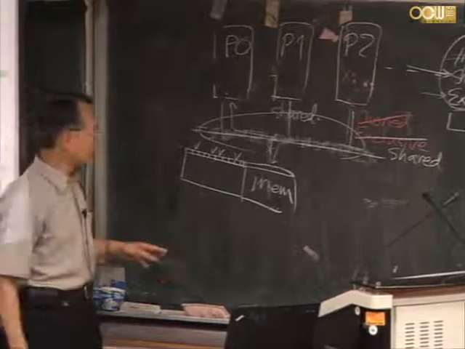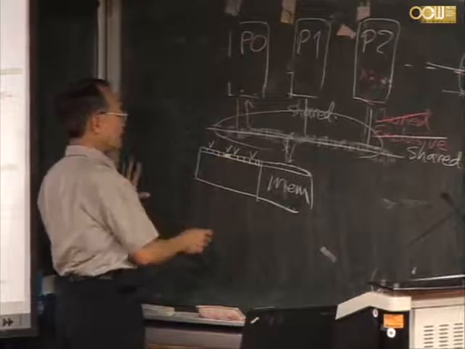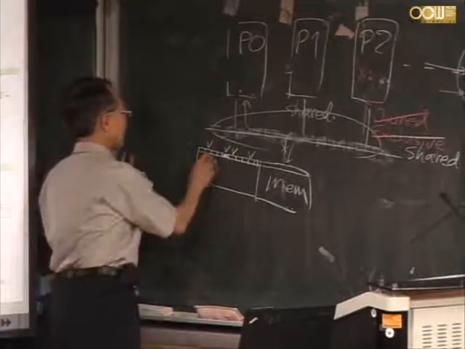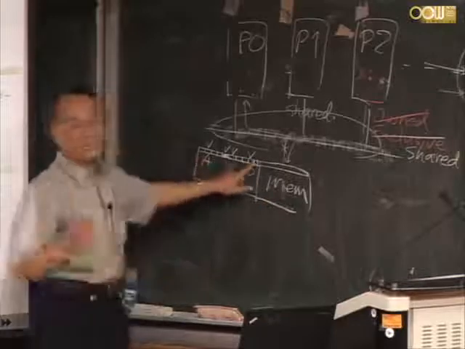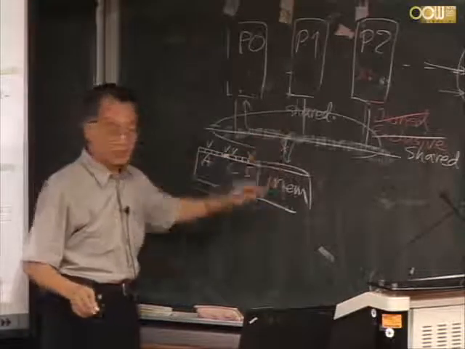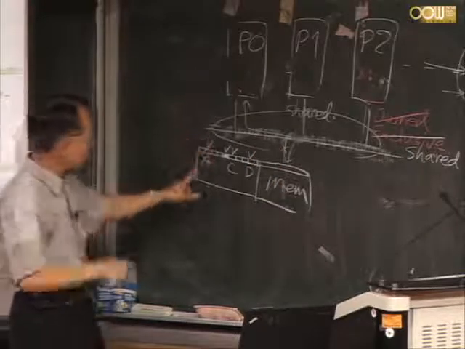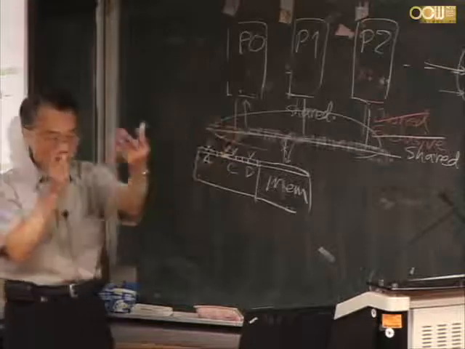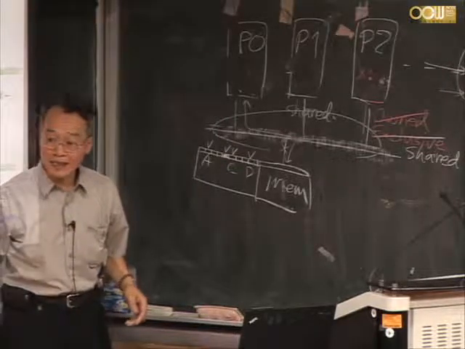So whenever someone wants to write, I know I need to go to A, C, D to invalidate their lines. So here I'm not broadcasting. I'm using a rifle to shoot A, C, D. Pew, pew, pew. You three are dead. Okay?